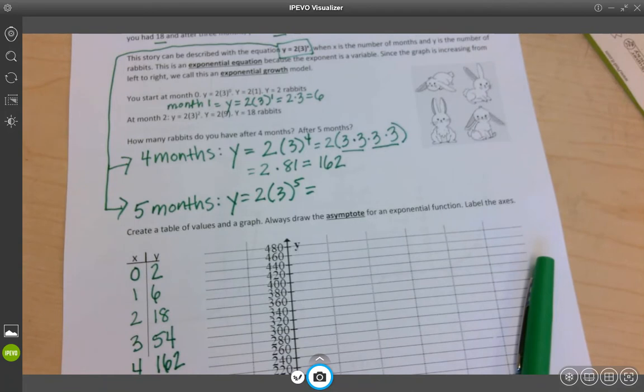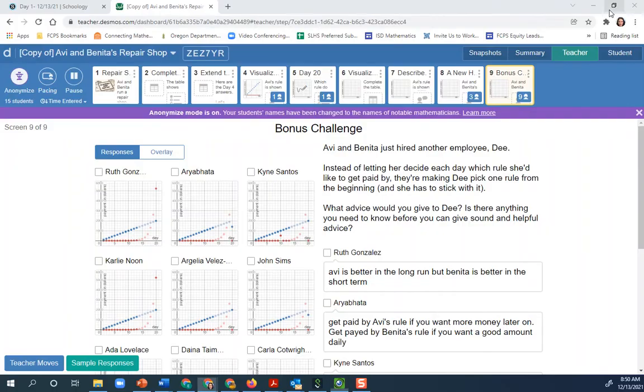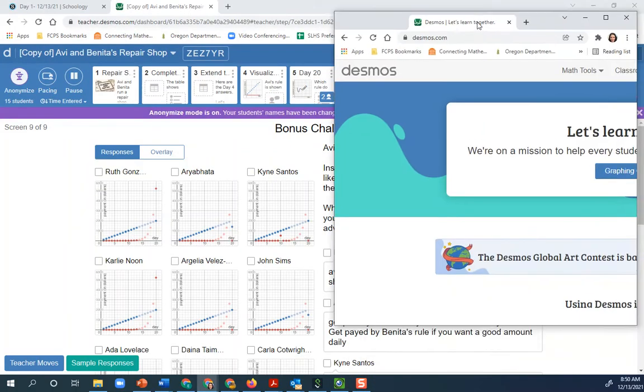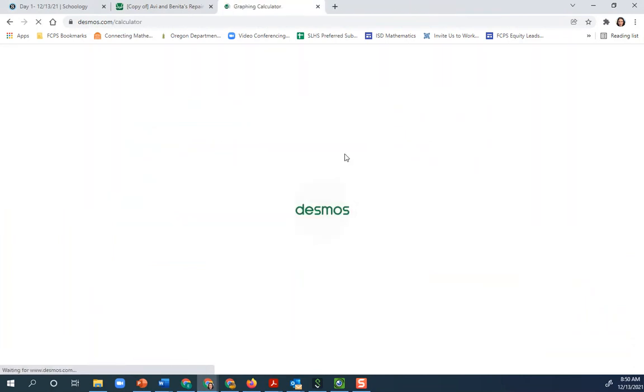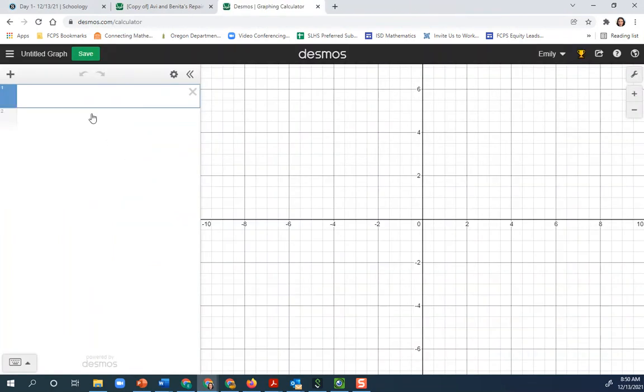Let me pull up a Desmos real quick and we'll look at that too. Or you could even use the calculator on your phone. All right, so we have 2 times 3, and the 3 is raised to the 5th, right? And I get 486.